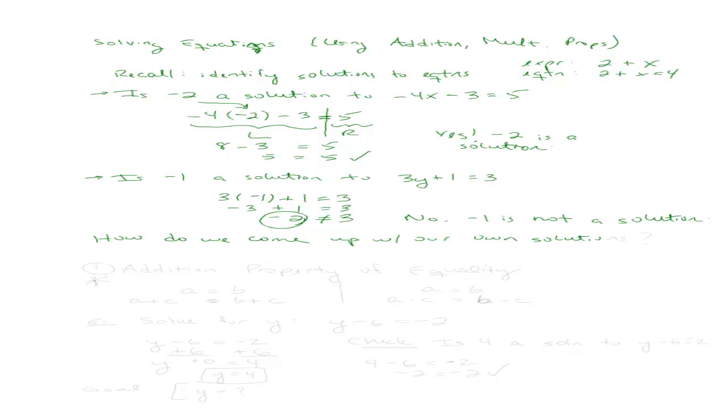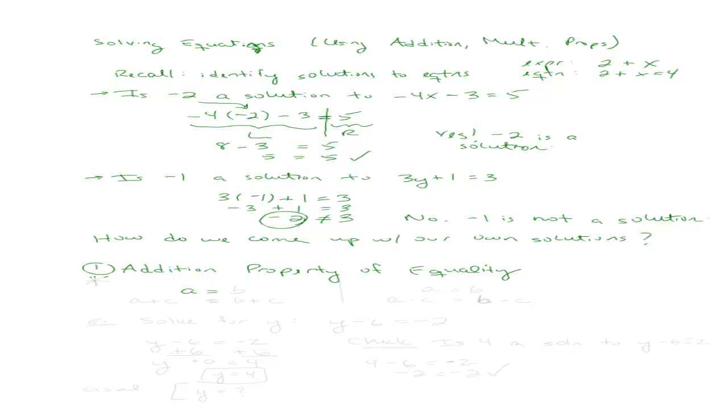And to do that, we're going to use a couple of properties. The first property we're going to talk about is the addition property of equality. And the addition property of equality simply says the following.